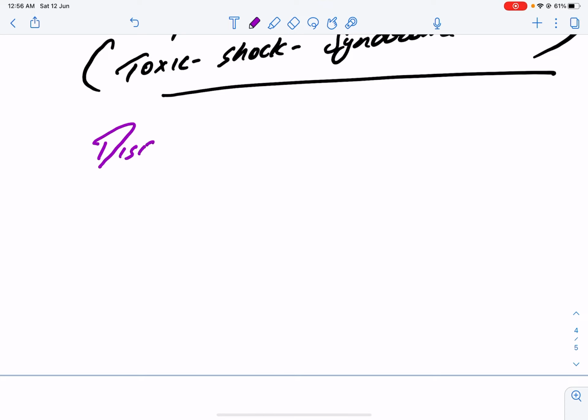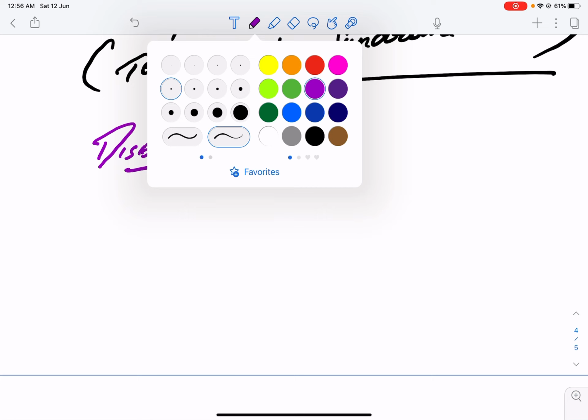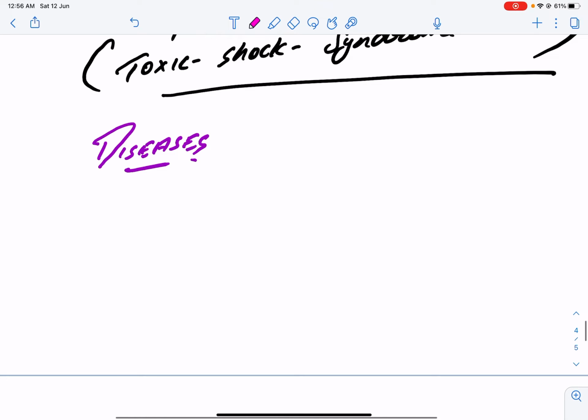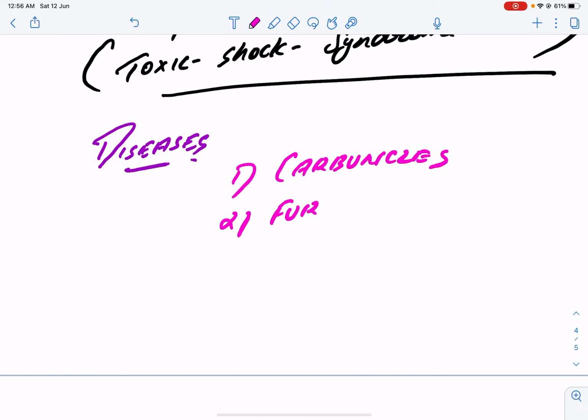Now diseases. The diseases caused by this bacteria, Staph aureus, include carbuncles or furuncles. They will cause cellulitis.